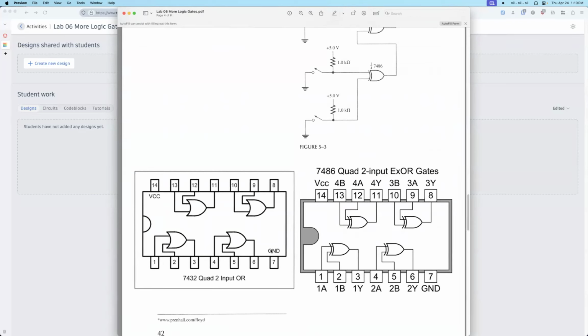Then pin 7 connects to ground, pin 14 connects to the power, VCC. 86 is a quad two-input XOR gate. Similarly, pin 1 and pin 2 are inputs, pin 3 is output, pin 7 connects to ground, and pin 14 connects to the power, VCC.